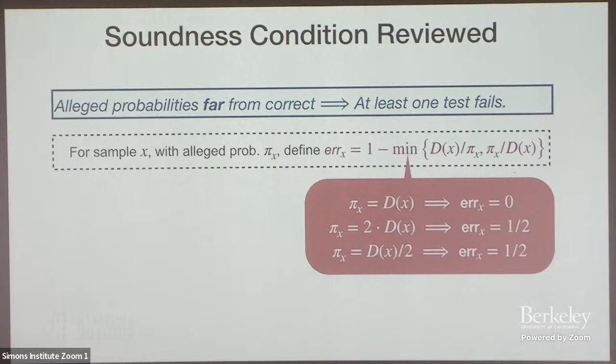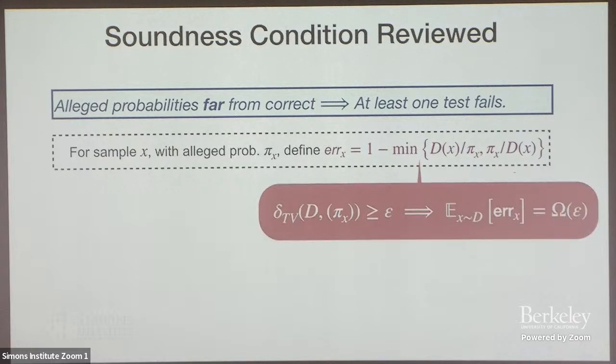Now, to motivate this type of error, consider the following setting. Imagine that pi of x is representative of some distribution over the entire domain, right? Pi of x just assigns probabilities to the entire domain, not just the sample. So if we have this type of probability distribution, and we know that it's far from distribution D by epsilon, it means that the average error would also be quite large.